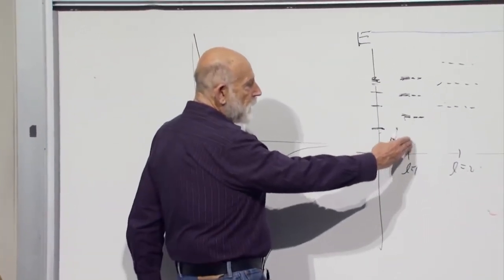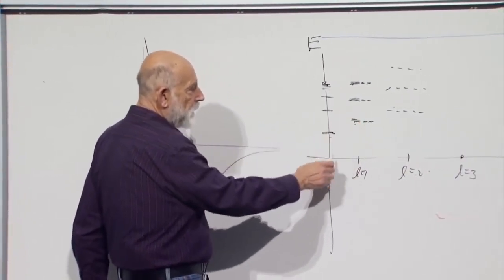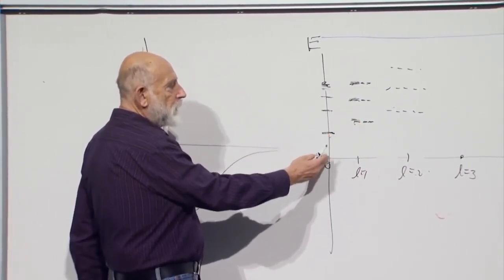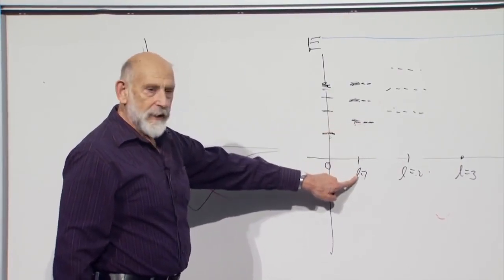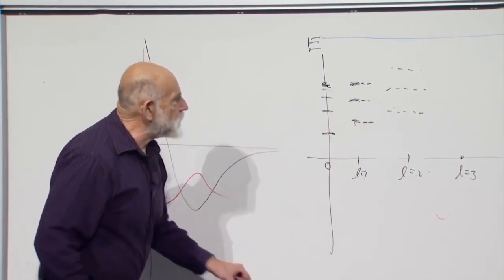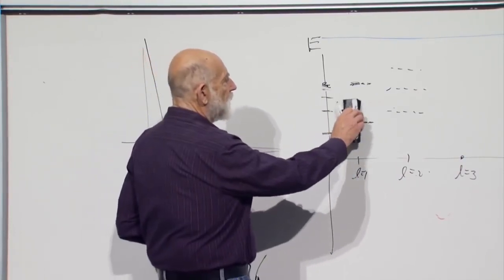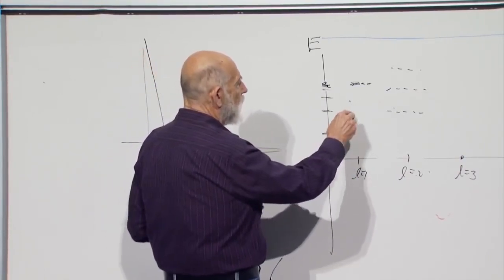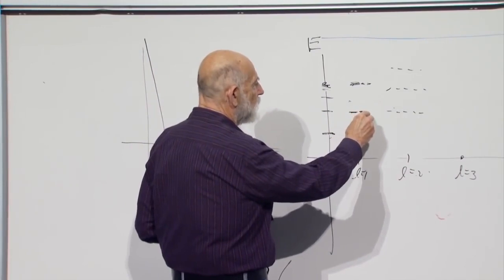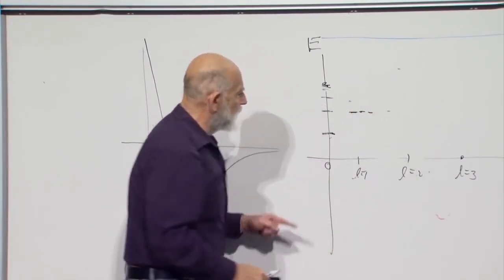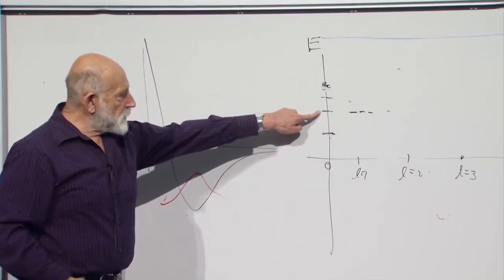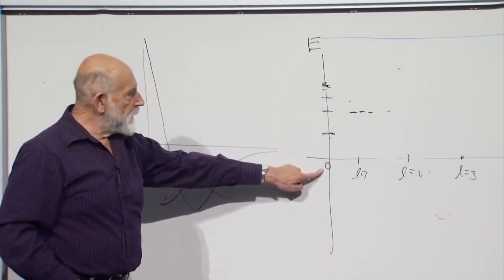The first level here, which is moved up a little bit, this is the 0 node state. The 0 node state for L equals 1 happens to have exactly the same energy as the 1 node state for L equals 0. Here's the 1 node state for L equals 0.